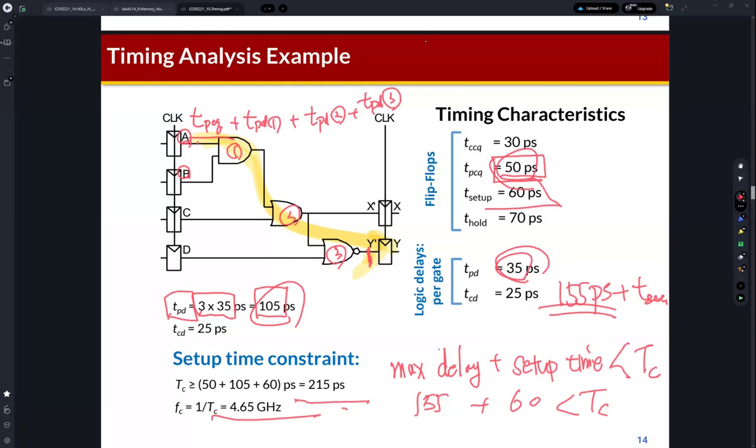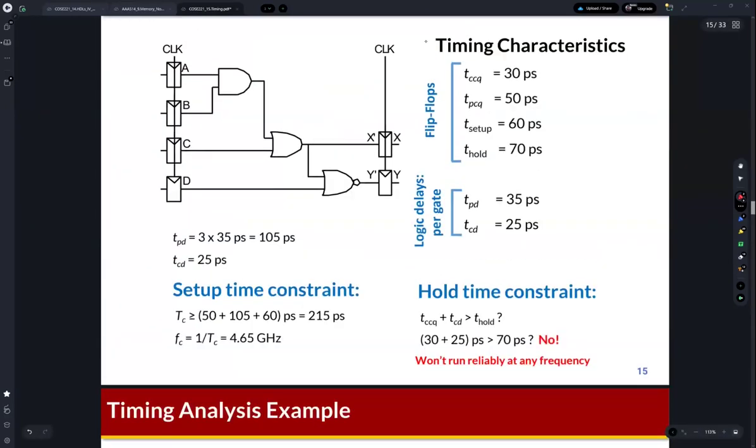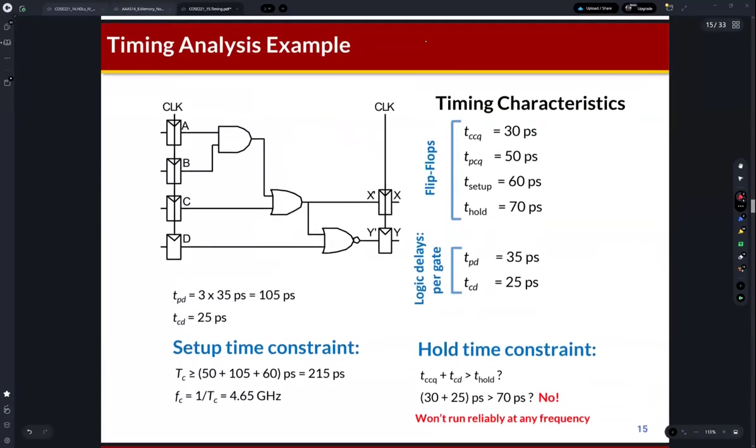By analyzing the setup time constraint of the circuit, we can calculate the minimum clock period, which means we can calculate the maximum clock frequency. You understand? Okay, so this is one.